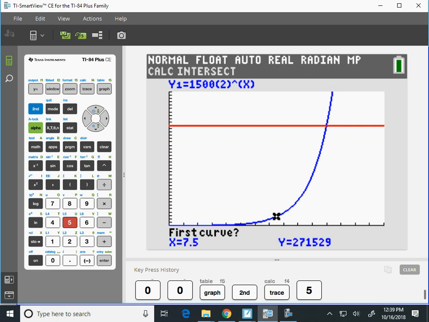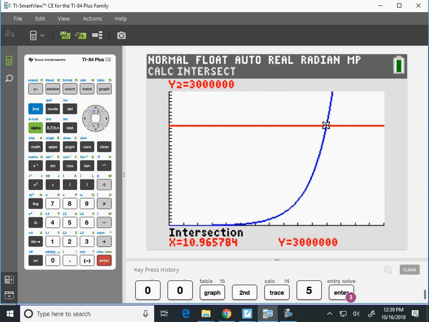Now, when you do intersection, do you guys need help? No? Okay. Now the flashing cursor, it says first curve. You don't even have to move your cursor. Where it says first curve, just hit enter. Then you hit enter the second time. And then you hit enter a third time. You always have to hit enter 3 times. Have you done that before?